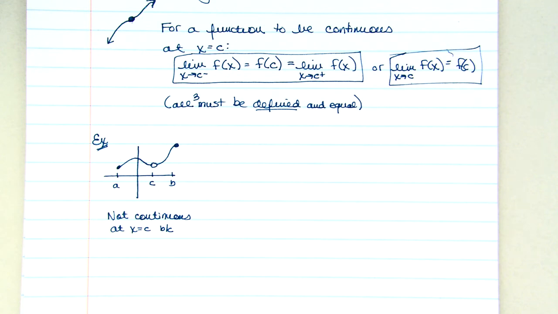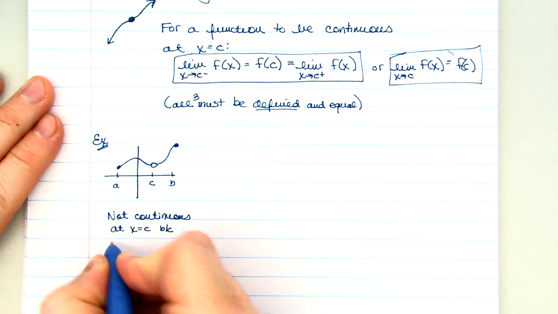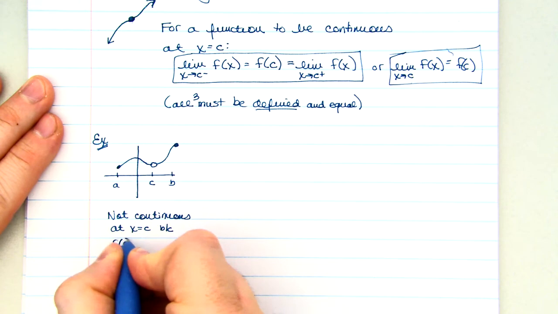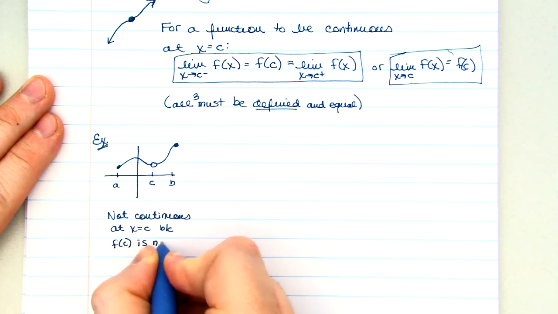So really, how should I describe my issue? I feel like I actually just sort of said something like that. Be more specific. Which one? That's what I want for the explanation. What problem do we have here? Because f of c is not defined or is undefined.